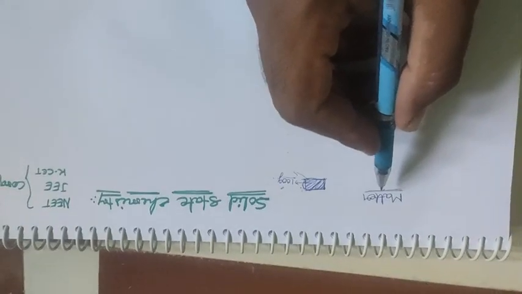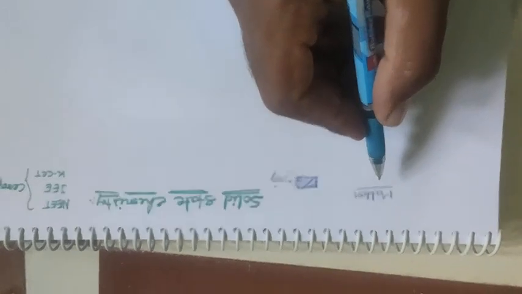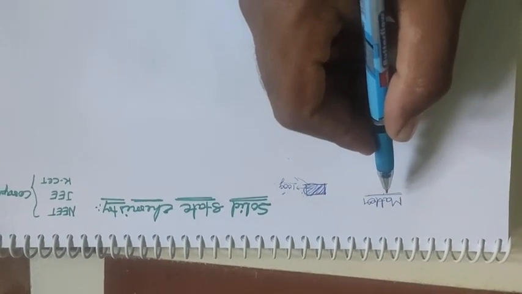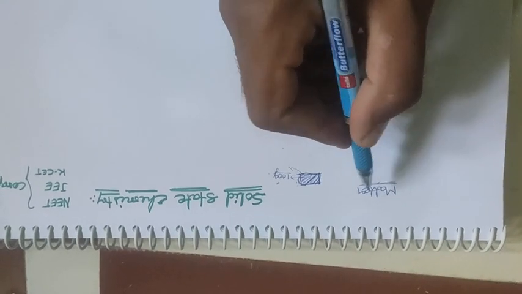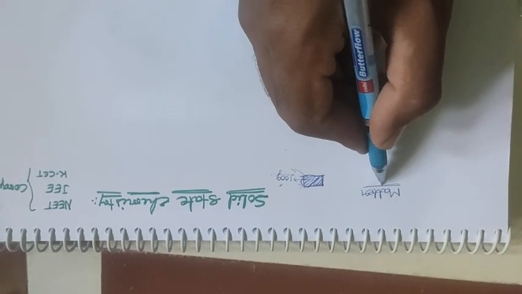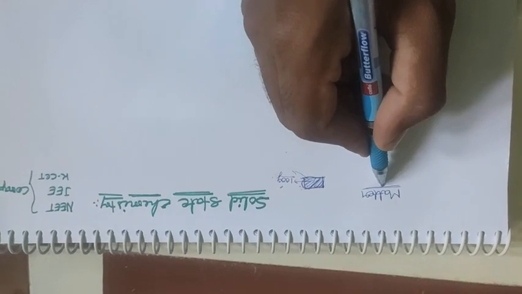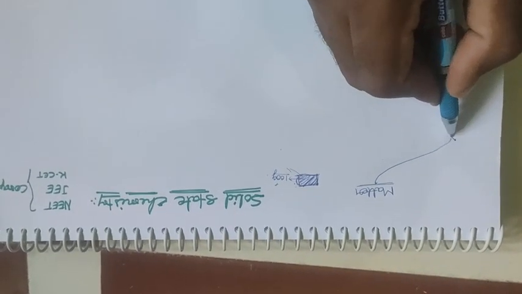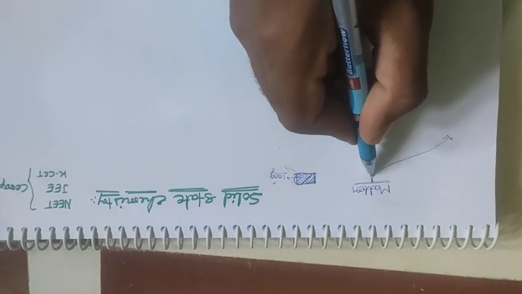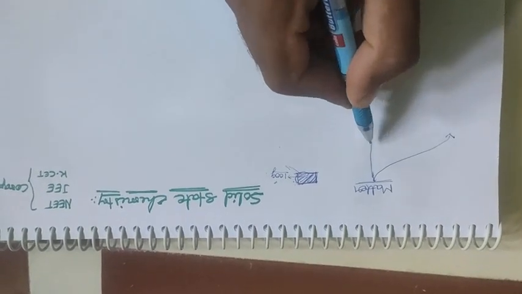Then, we know from the states of matter chapter in the first PUC that matter, based on its state of availability, is classified into three types.